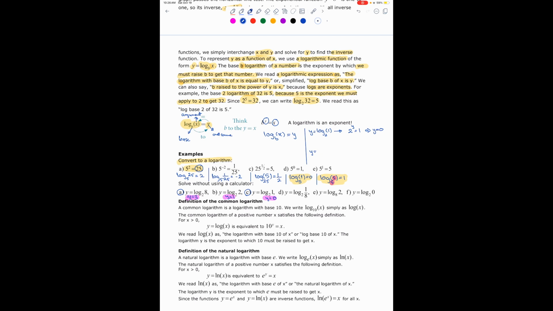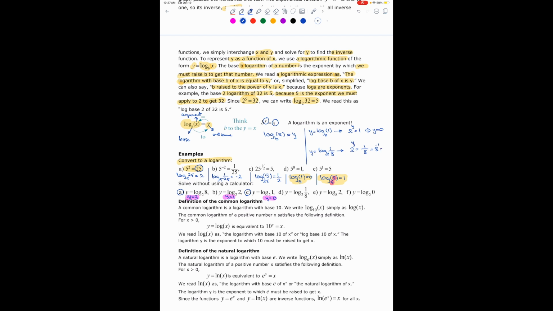Y equals log base 2 of 1/8. We convert it into an exponential form. We get 2 to the y power is equal to 1 over 8. I know that 1 over 8 can be written as 8 to the negative 1 power. And 8 is basically 2 to the third power.